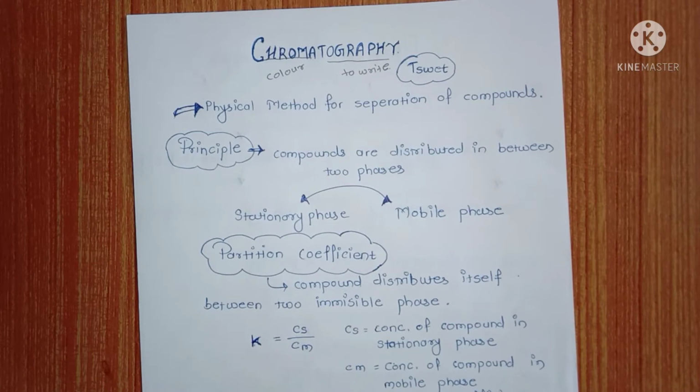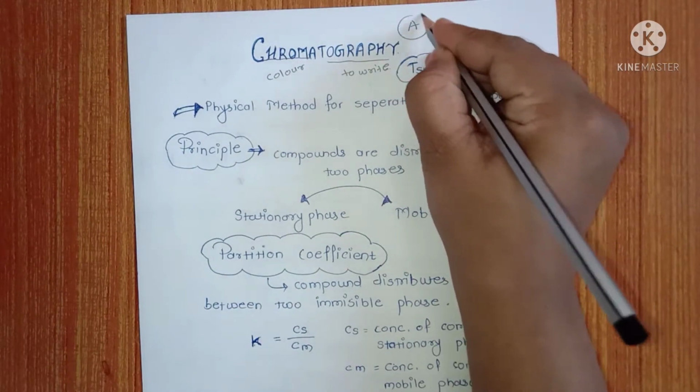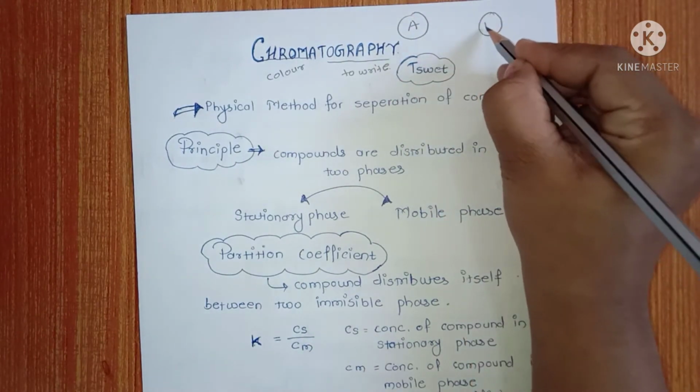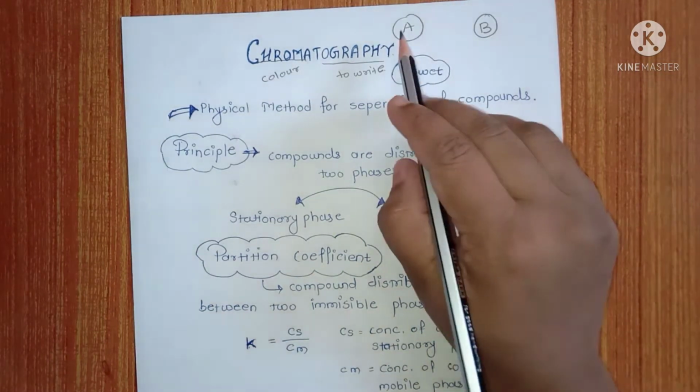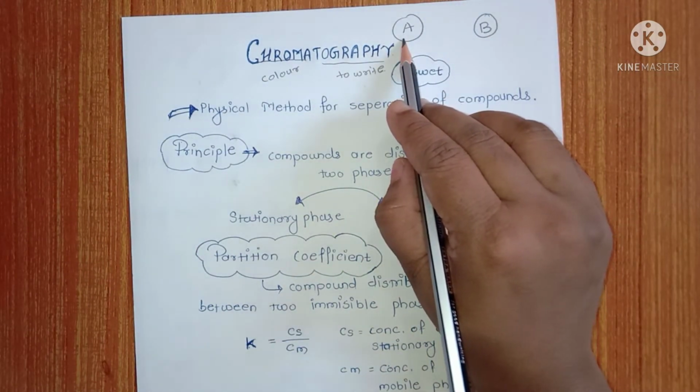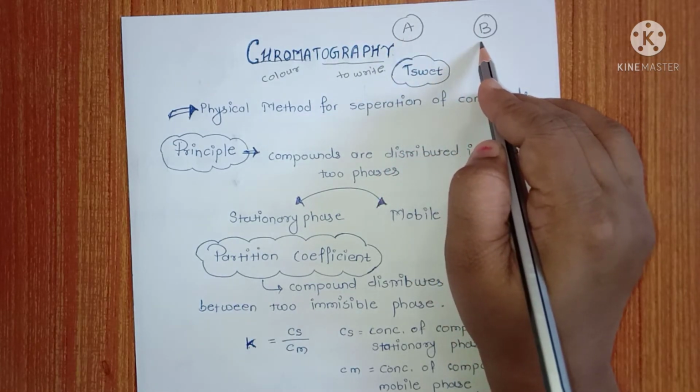Suppose we take two mixtures, mixture A and mixture B. Mixture A is highly dissimilar in its physical and chemical properties, and mixture B is more similar in its physical and chemical properties.